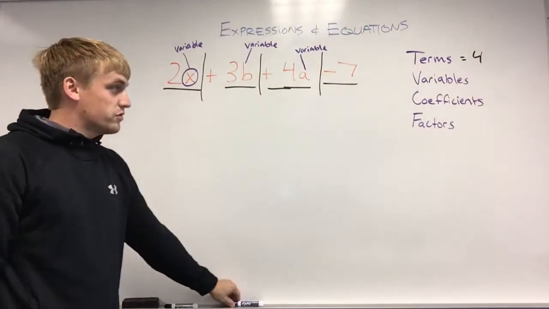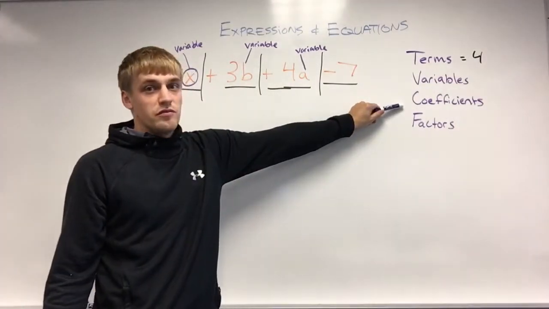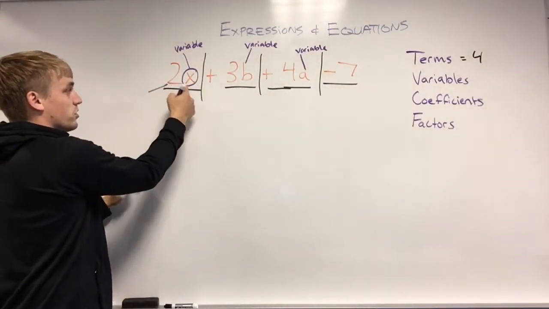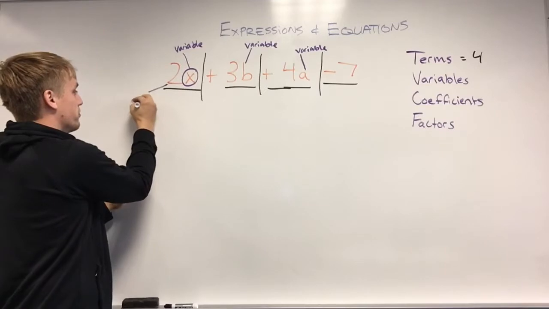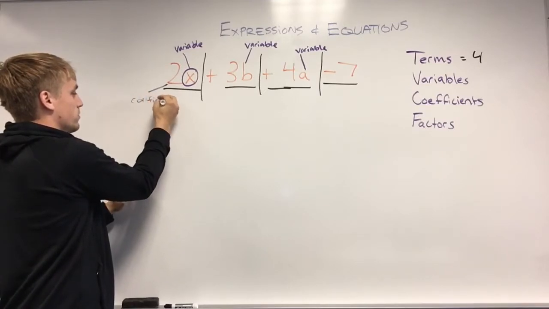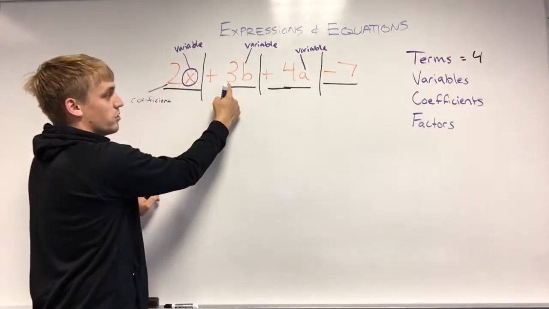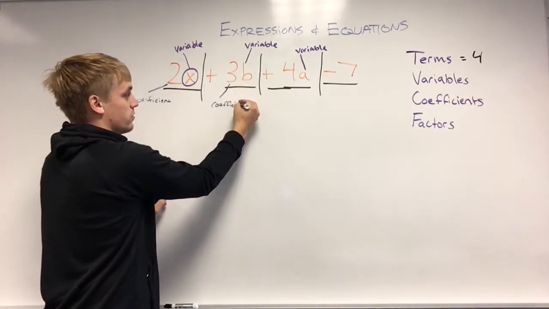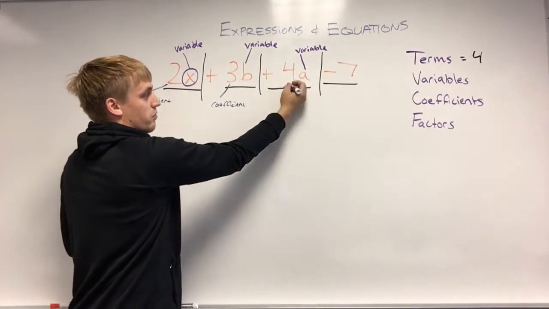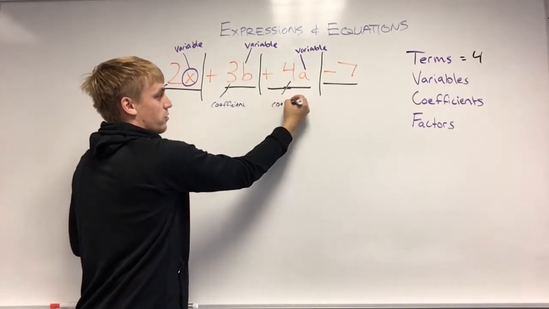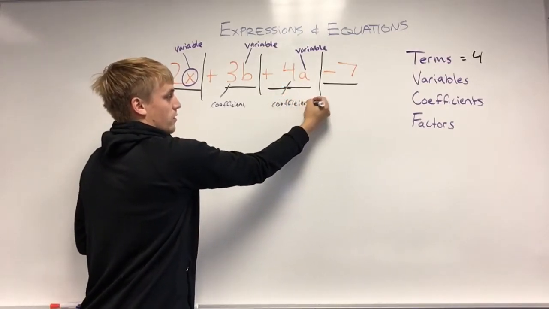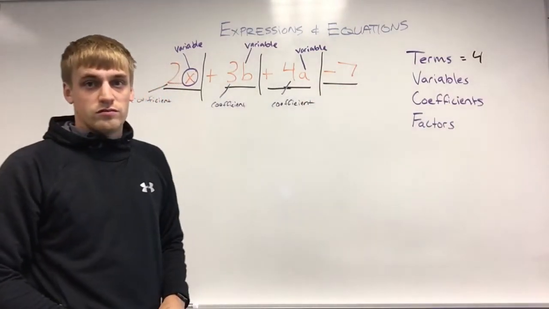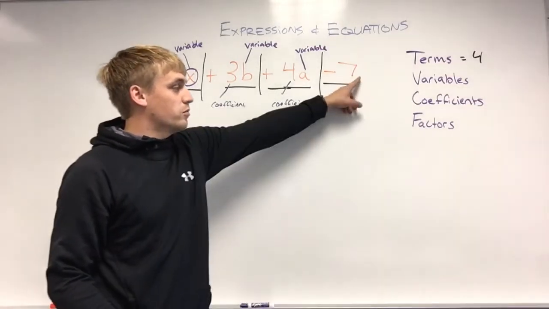Okay, the next thing we're going to do is find the coefficients, which are the numbers in front of the variables. This number is right in front of a variable. This is a coefficient. This number is right in front of a variable. This is another coefficient. This number is right in front of a variable. This is a coefficient. And this does not have a coefficient because there's no variable here.